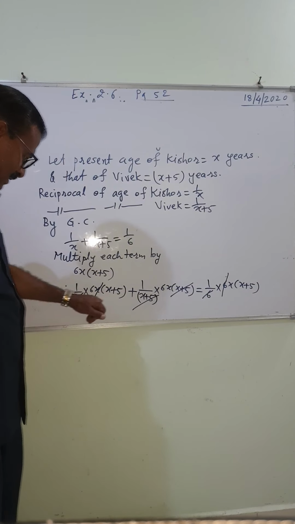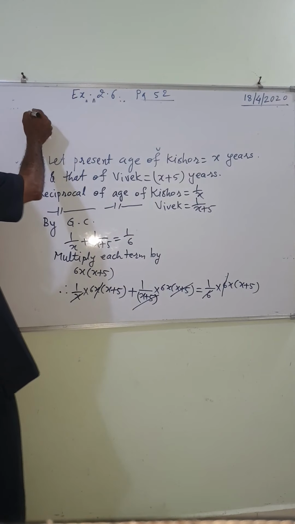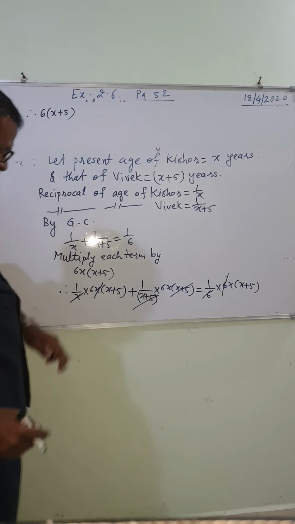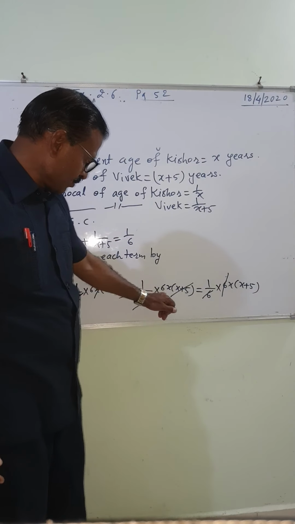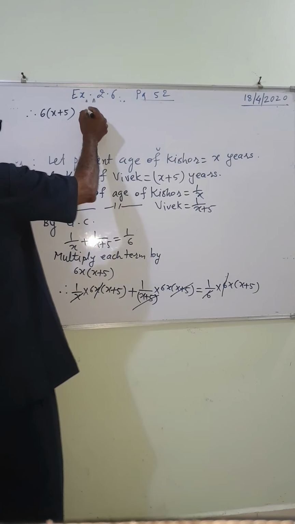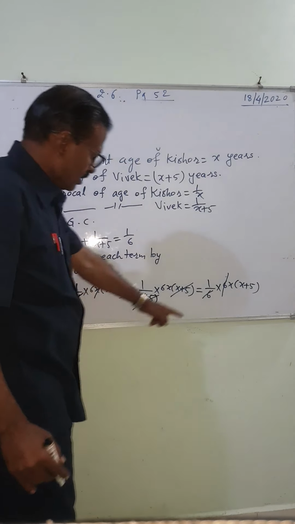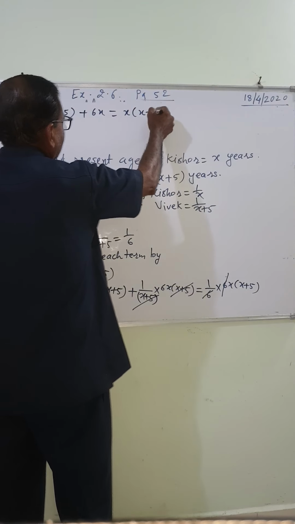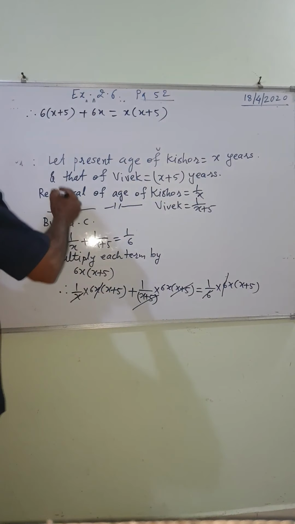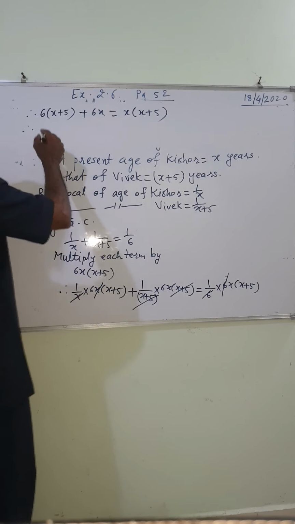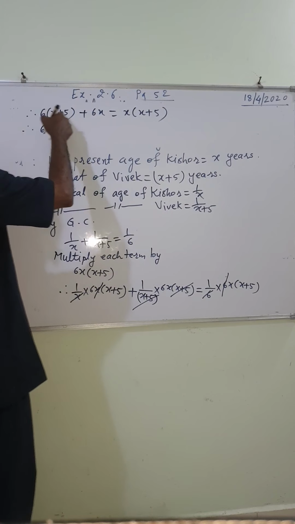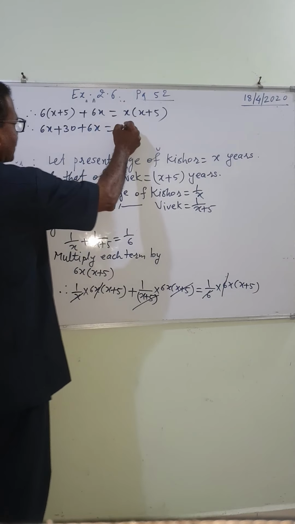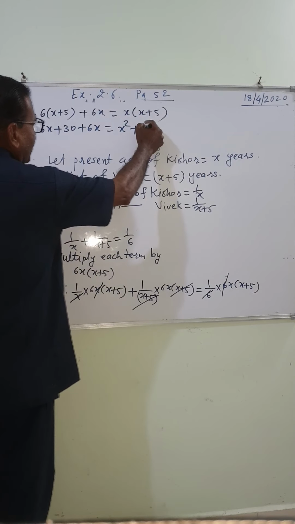Therefore 6 into x plus 5, don't do any number here, plus 1 into 6x is equal to x into x plus 5. Now I will open these brackets: 6x plus 6 fives are 30, plus 6x is equal to x into x, x square, plus x into 5, 5x.